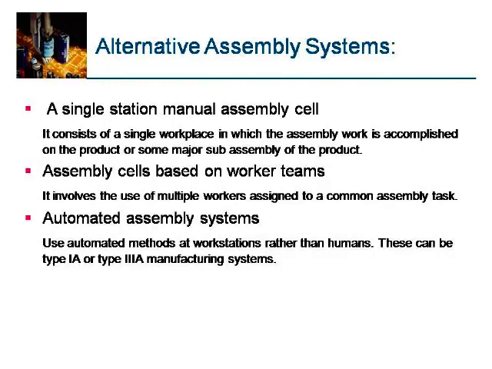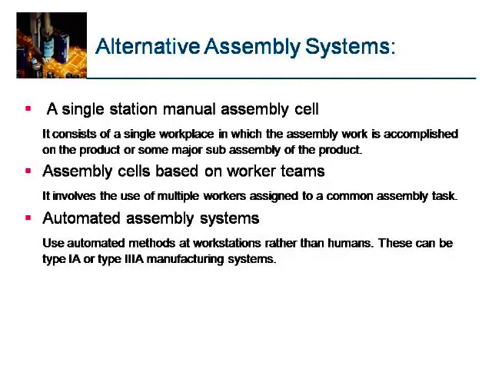It consists of a single workplace in which the assembly work is accomplished on the product and some major subassembly of the product. Assembly cells based on worker teams involve the use of multiple workers assigned to a common assembly task.